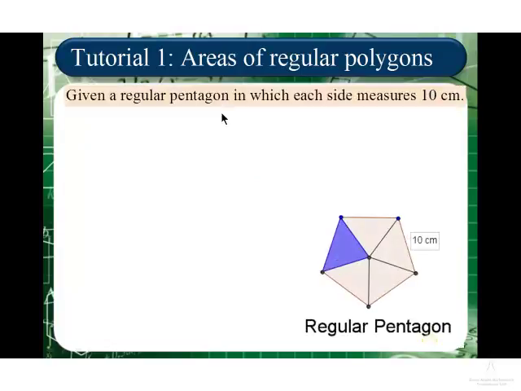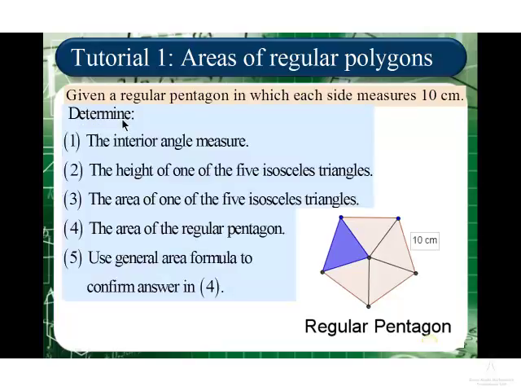I think you're ready now to tackle a tutorial on the areas of regular polygons. In tutorial 1, we're given a regular pentagon in which each side measures 10 centimeters, as indicated on the screen. You have to determine, in this case, the interior angle measure. Secondly, the height of one of the 5 isosceles triangles as indicated.